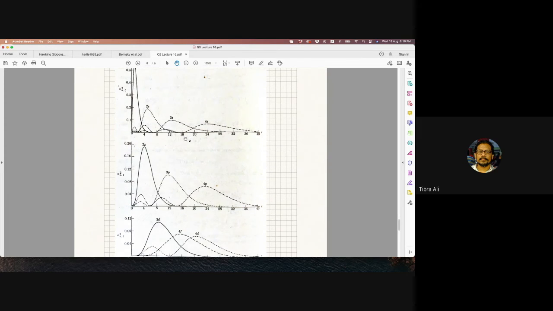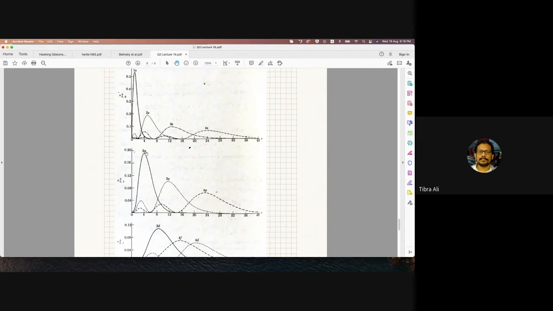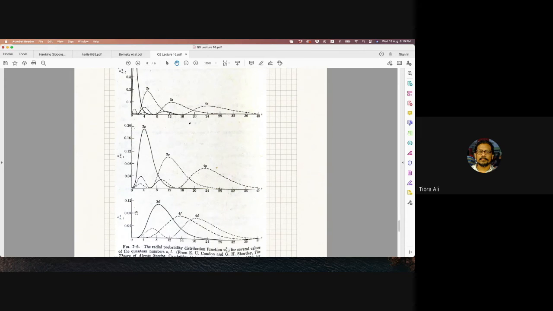Now if I look at all these states, the ground state is only going to have S. It's not going to have a P value for its angular momentum, but the second excited state will. And here we see that they're much farther away from the center, okay? And similarly for the fourth. So here this is going to be the average.